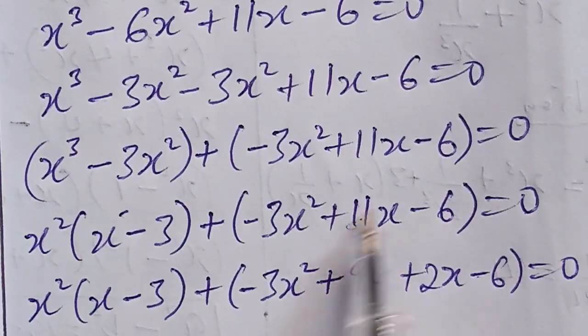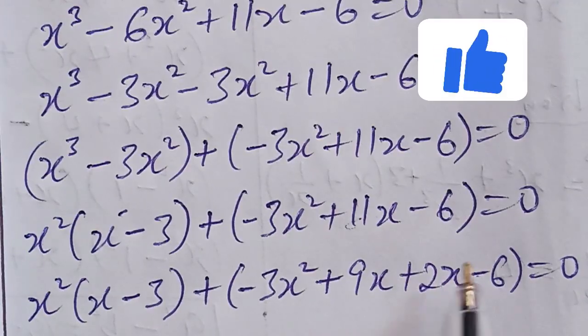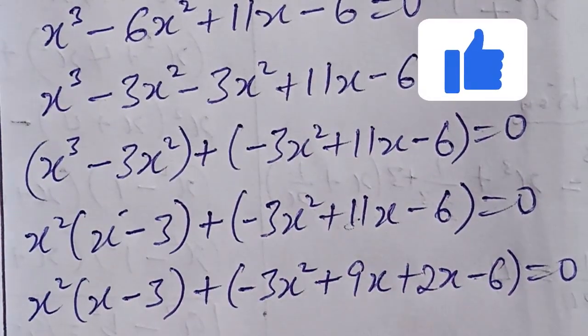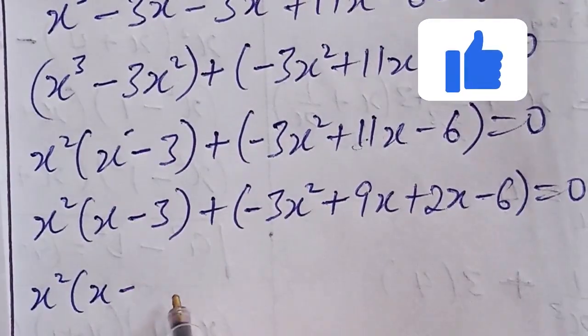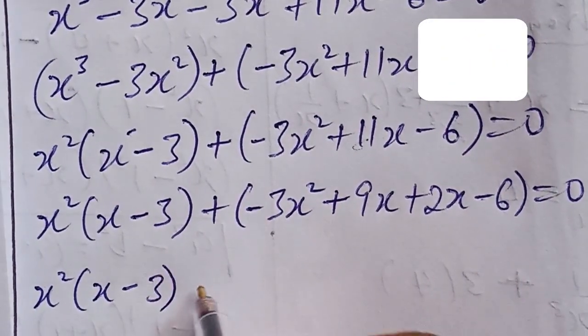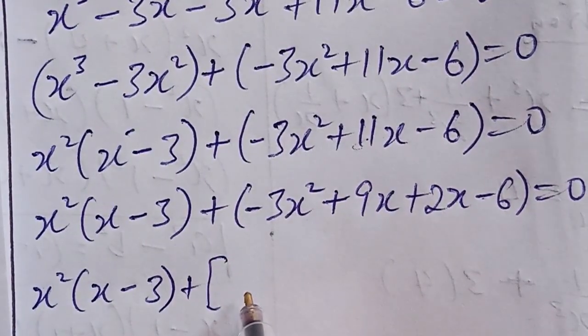So we have split 11x into 9x plus 2x. Now from here we have x squared into bracket x minus 3, close the bracket, plus open the bracket.